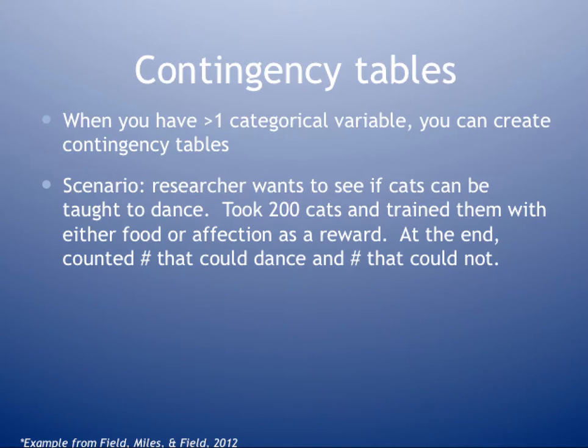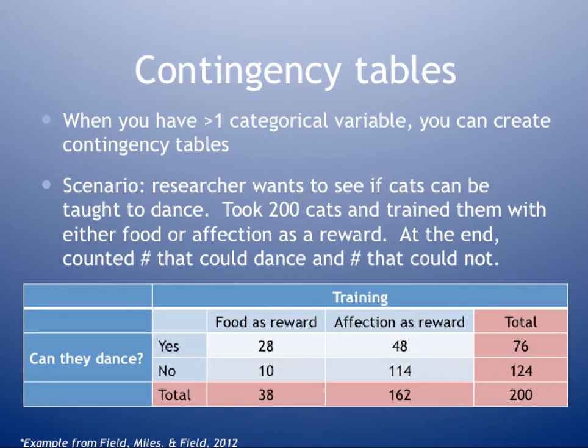Now, when we are looking at contingency tables, though, we can also add up all of the values. So we can see not just that 28 had food as a reward and 48 had affection, but we can see the total number that ended up being able to dance. So 28 plus 48 is 76.